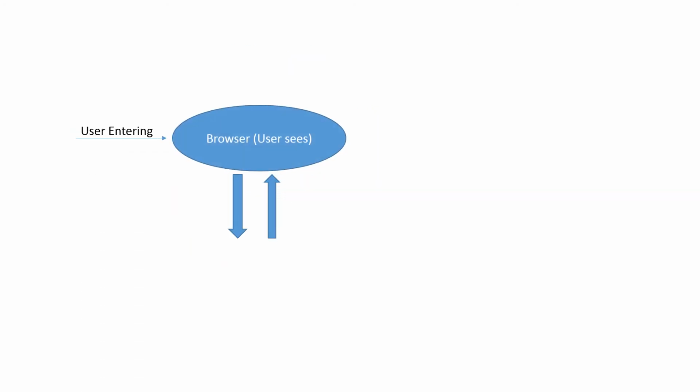So the user opens a browser and enters whatever data he or she needs. Then the request will be sent. Whatever request he or she makes is captured from the browser and sent to the server.